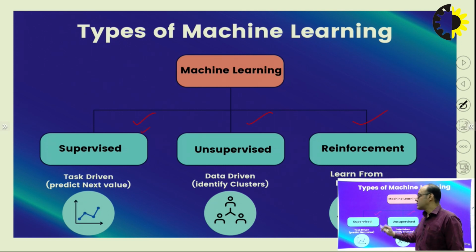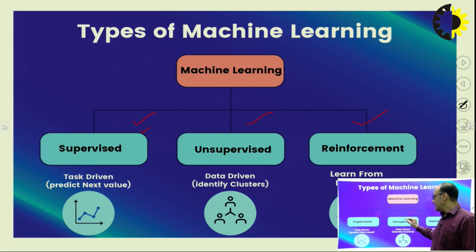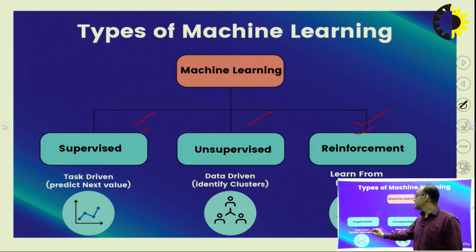We know what type of output we are going to match. This is supervised. Unsupervised, here no teacher is present. Input is given, but we do not know what output is going to come. This is unsupervised. And reinforcement is learning where the agent, that machine, will learn from its mistakes.